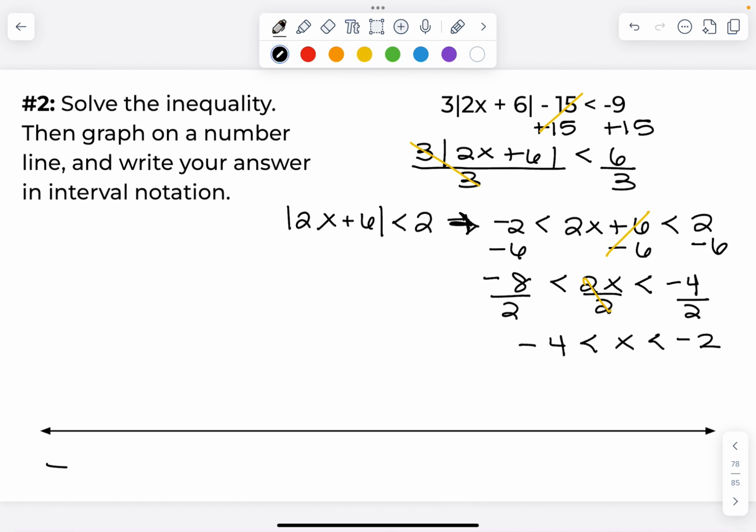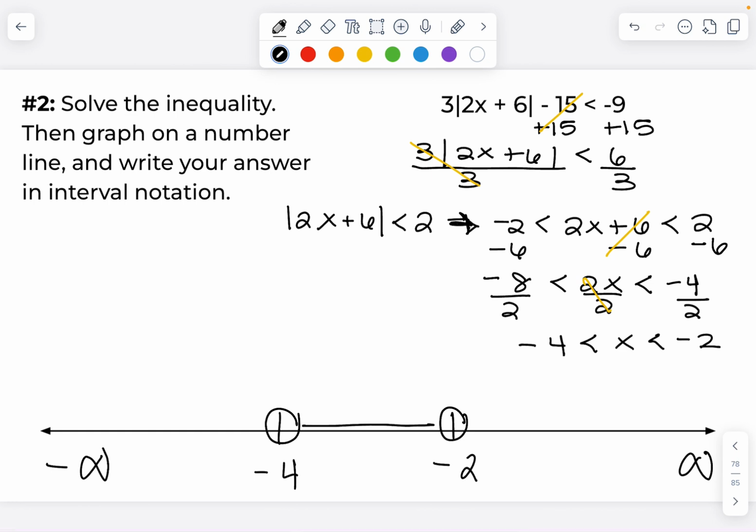If I think about my number line, I've got a -4 and a -2. Both of these are going to have open circles, and then I'm existing in the space between the two. So my final answer is going to be -4 to -2.